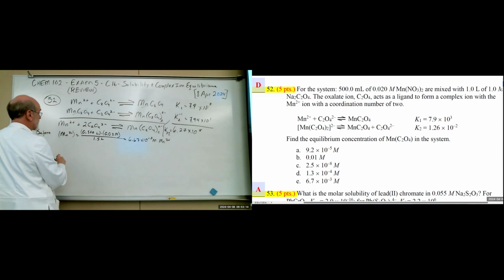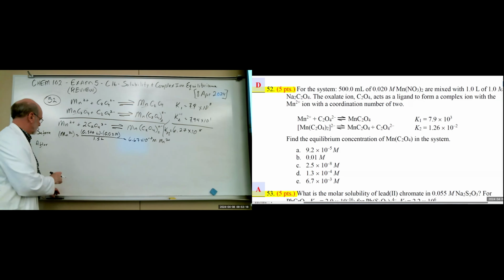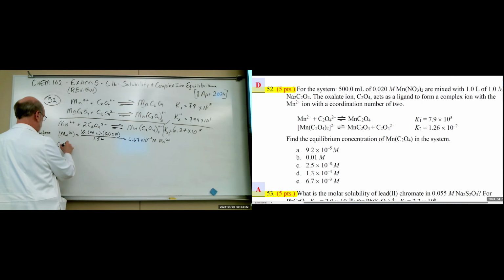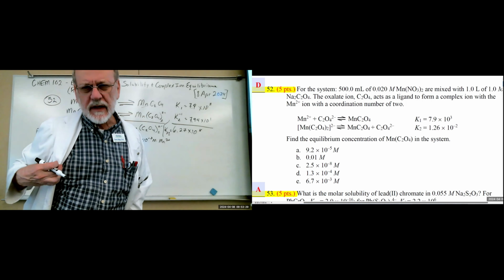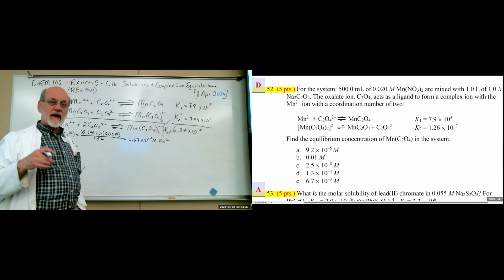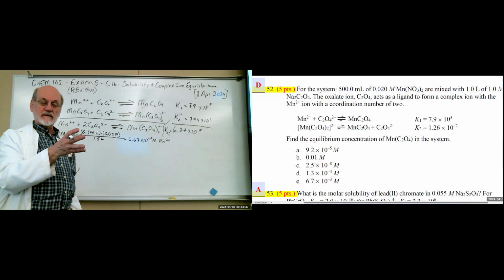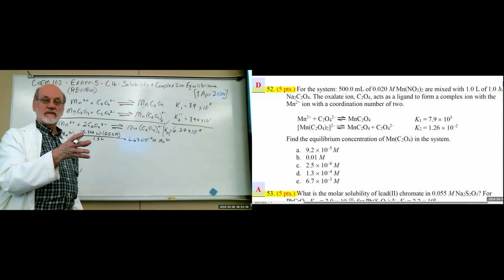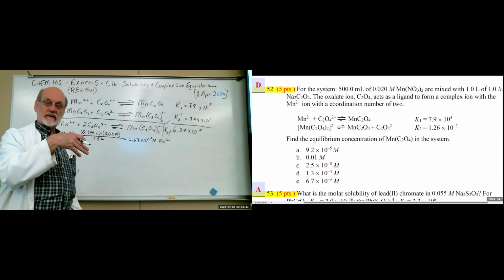Okay, we can do the same thing for oxalate, C2O4. This is what we start off at. We're given 1 molar sodium oxalate. So if you have 1 molar sodium oxalate, what's the concentration of the oxalate? It's the same, right? Because for every mole of sodium oxalate, you get 1 mole of oxalate.